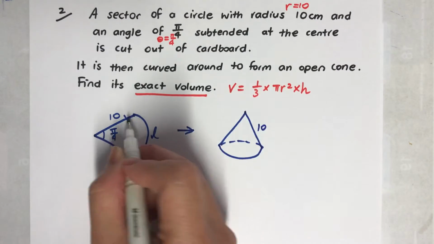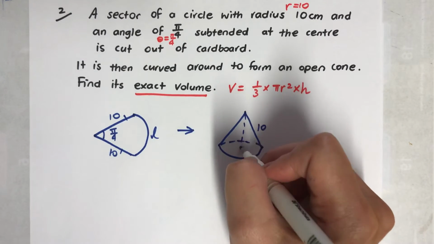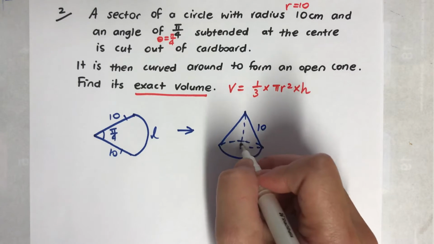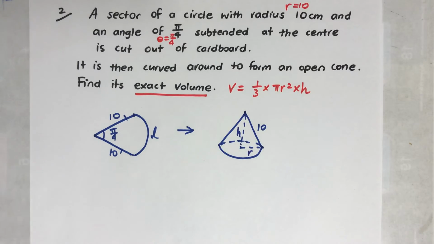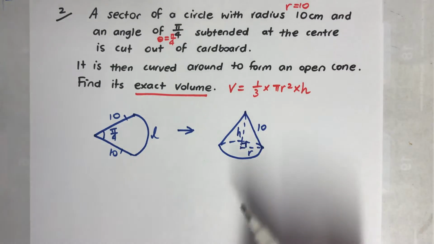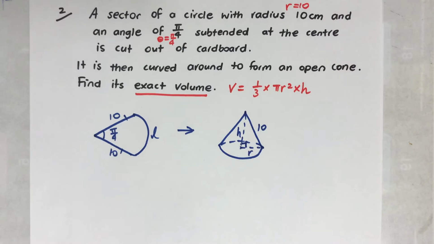That 10 radius becomes the slant height, and that's my perpendicular height, that's my r, and that's a right angle right there. With an open cone, it doesn't really matter for the volume, it will matter for surface area, so we're not going to worry about that part too much.